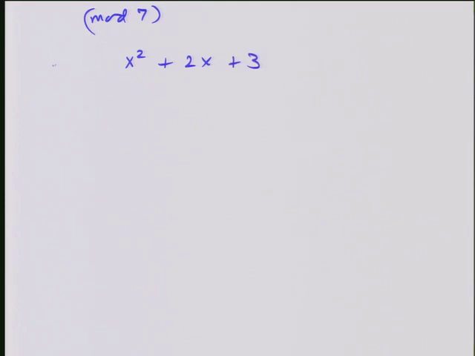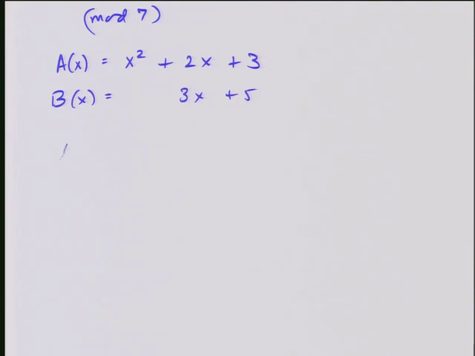Okay, so that's one polynomial, let's say a of x. And we have another polynomial b of x equal to 2x squared, maybe let's make it 3x plus 5.